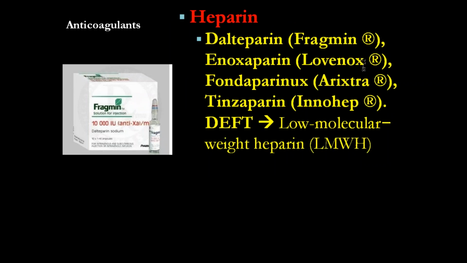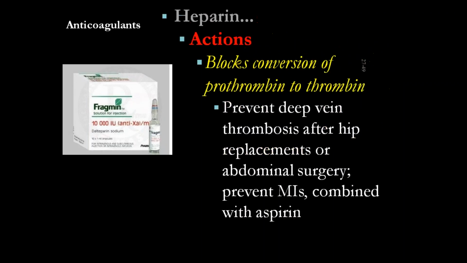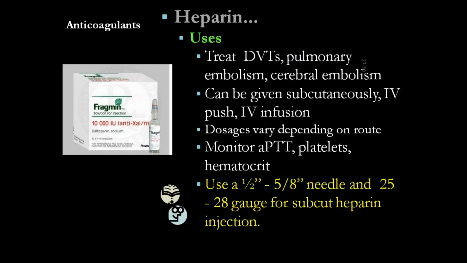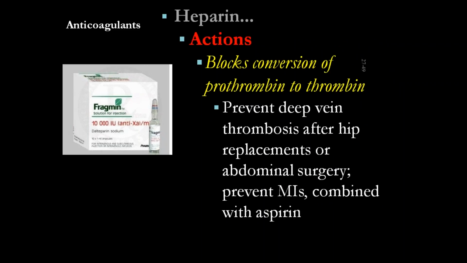All right, so let's talk about the heparin. All these parins are going to be heparin, okay? So dalteparin, enoxaparin, etc. Their action is going to be to inhibit the conversion of prothrombin to thrombin, and for this, they are going to inhibit the conversion of fibrinogen to fibrin.